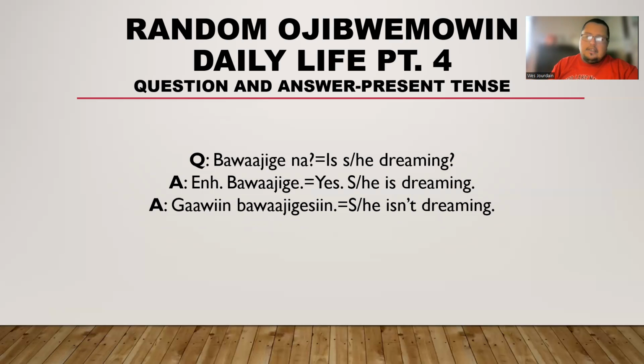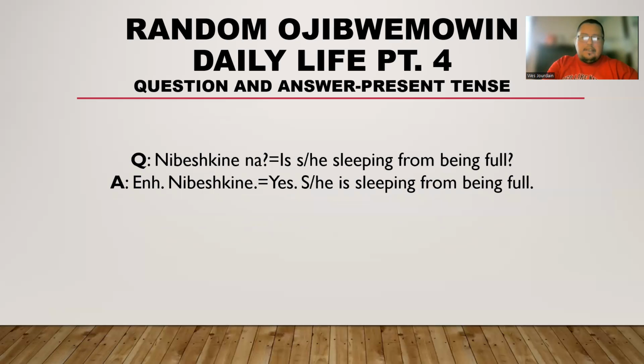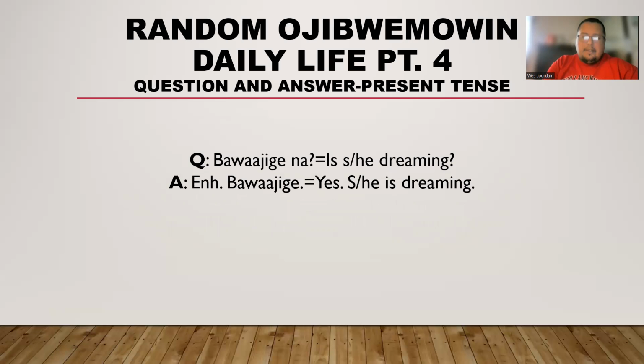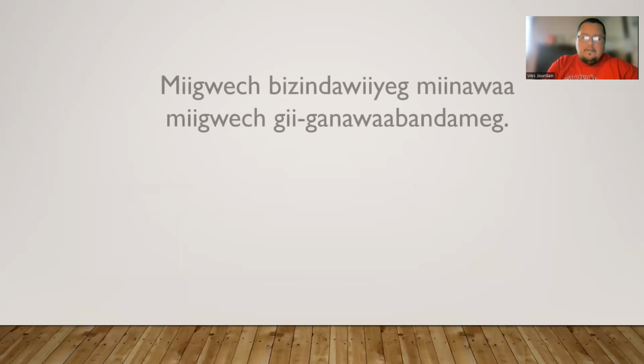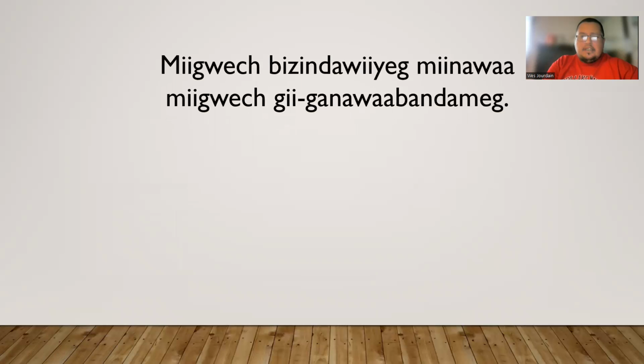Perhaps she or he isn't dreaming. Ganabaj can go with any one of these. Ganabaj nibeshkane. Perhaps she or he is sleeping from being full. I don't know, perhaps. So with that, I believe that's all 10 of our verbs in our question and answer session.